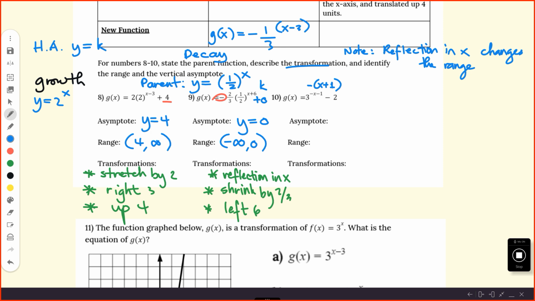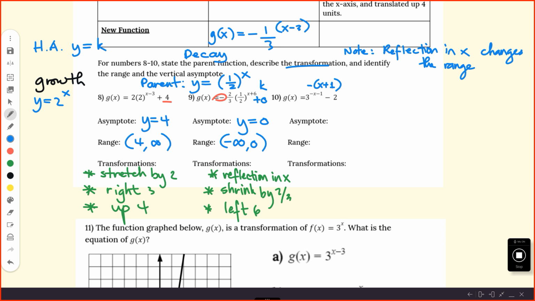It's just that this is already simplified. The negative was already distributed to the x and to the 1. That's why it's negative x minus 1. But every time we determine the transformation, we have to put it back to the original. So the plus 1 is not right 1, but that's left 1.